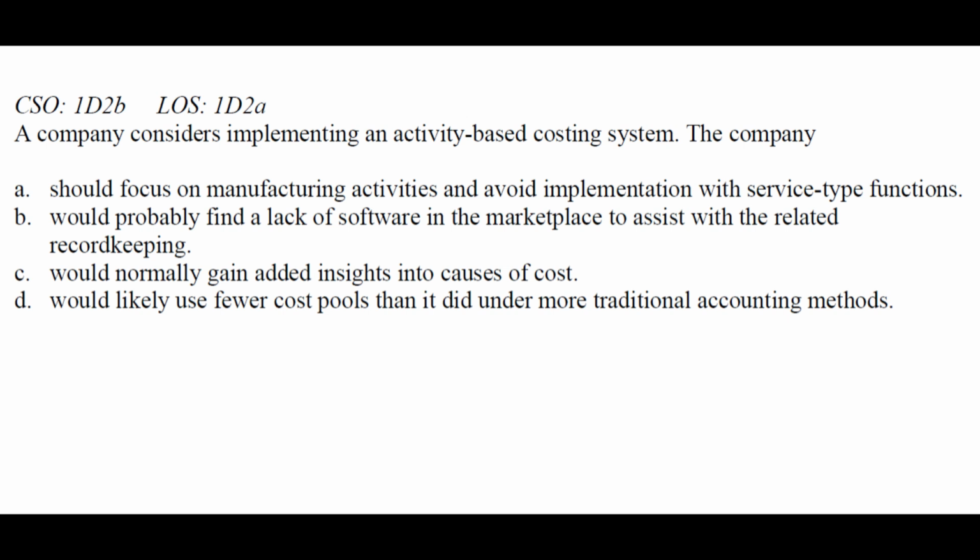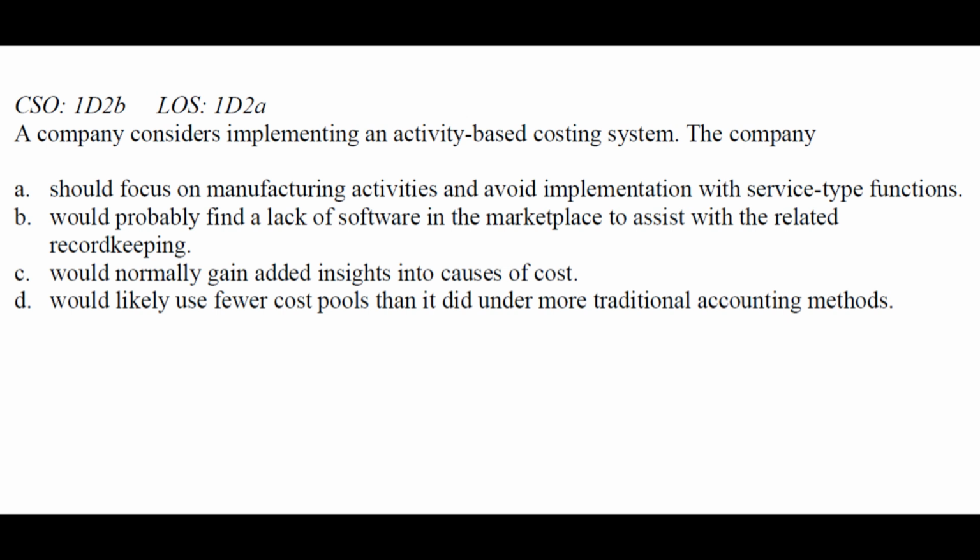It provides more accurate cost information by identifying cost drivers such as setups, inspections, machine hours, or order processing. ABC typically increases cost transparency and managerial insight, especially for indirect and overhead costs. The question asks what a company would normally experience when implementing ABC, so students should focus on the primary benefit or expected outcome.